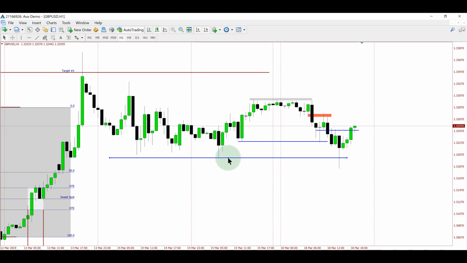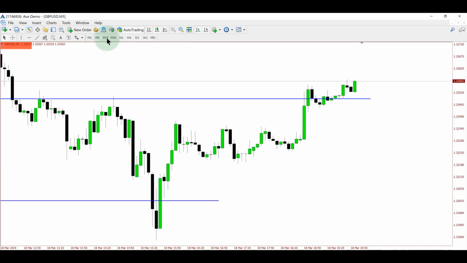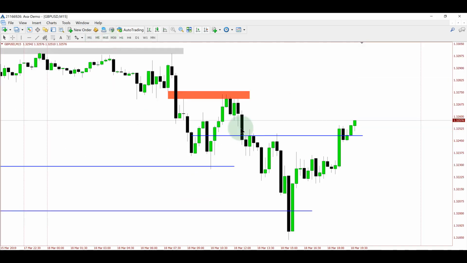Put it on the lowest of the low, between this low and this low. We swept through it, and it's dropped back down into a 15-minute time frame. So that's that run on the equal lows.